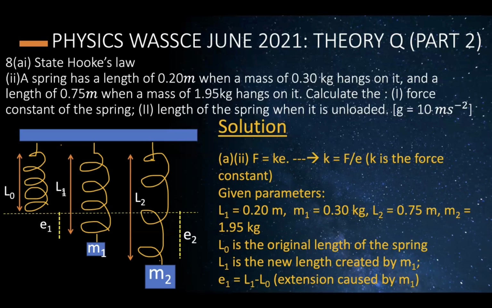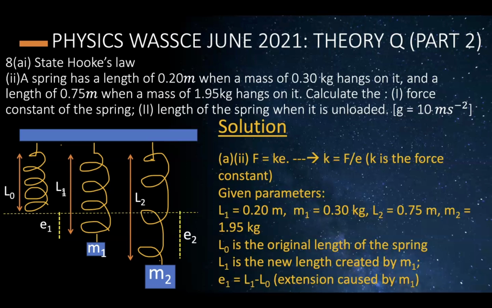However, we are given two setups, so you have two forces. But we are not given extension per se; we are given new length. So it's important to check what you're given. It helps you to know the right formula to choose from. That's why I went next to look at the given parameters.